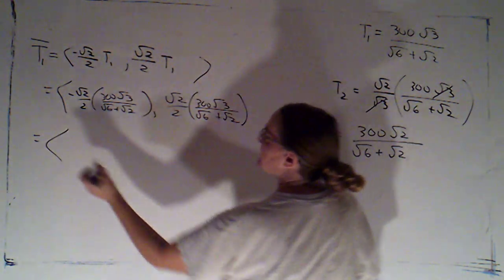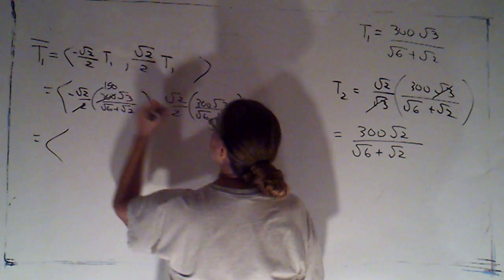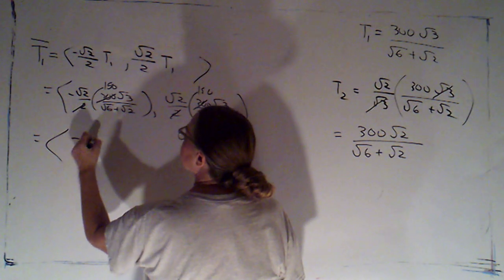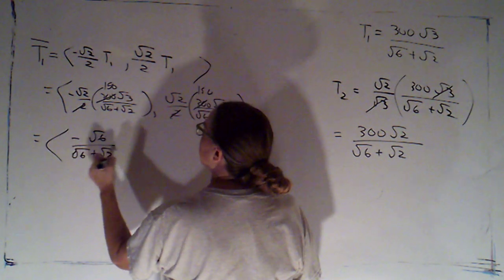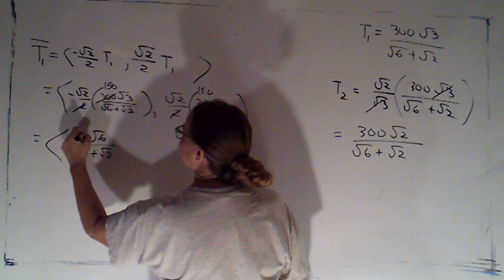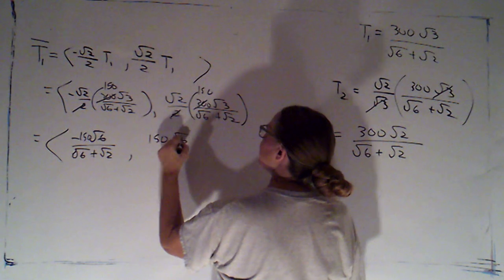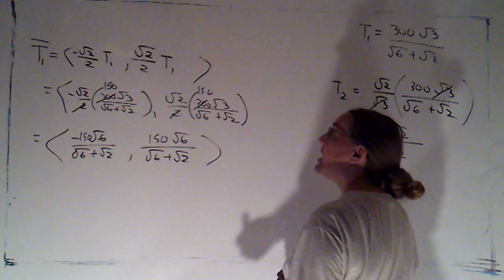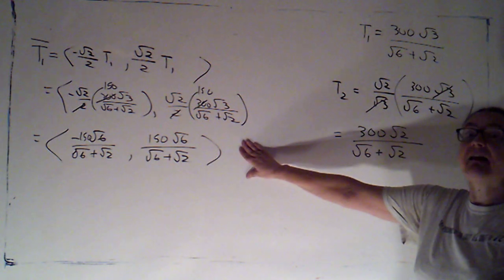That 2 is going to just cancel in both cases to make that a 150. So here I'm going to have negative 150 root 6 over root 6 plus root 2, and here we'll have positive 150 root 6 over root 6 plus root 2. So there's the first tension, which is a vector.